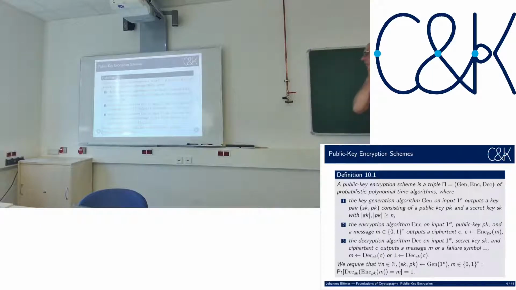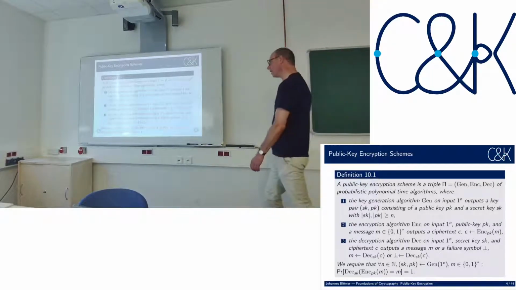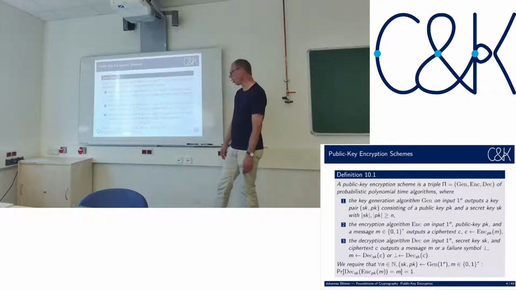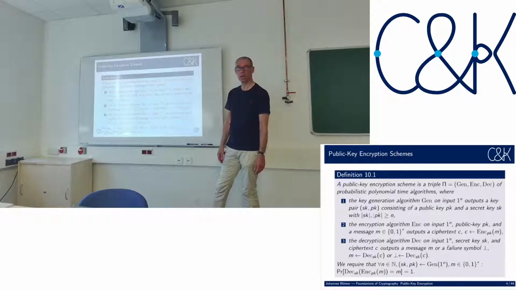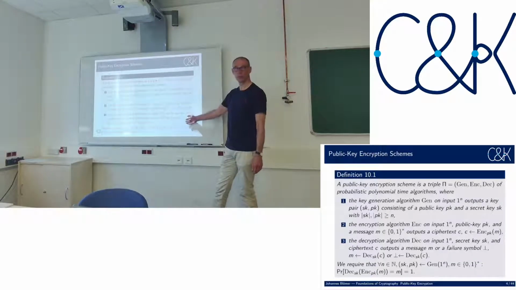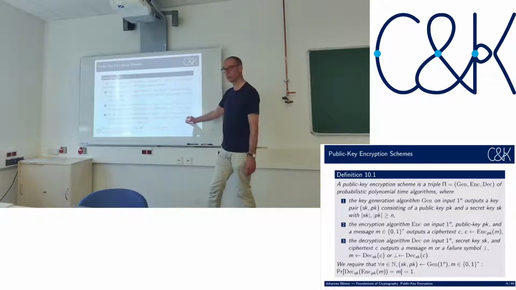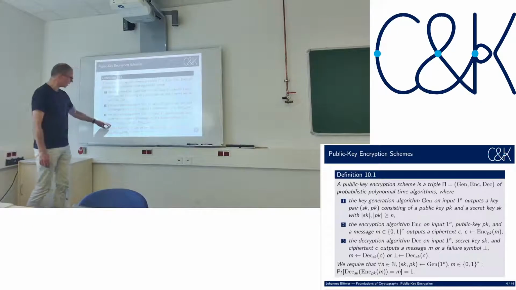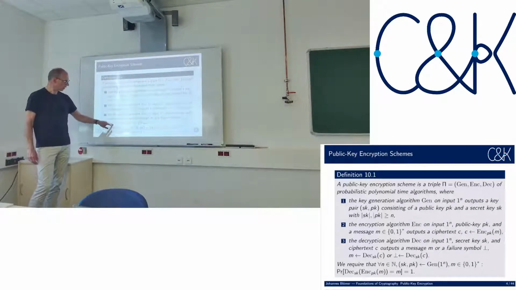Then the decryption algorithm, on input 1^n, secret key SK, and ciphertext C, outputs a message m or a failure symbol. So we allow it to fail. This will become important when we look at CCA secure encryption schemes. Again, we denote this by m := Dec_SK(C), so m is the decryption of C under secret key SK.